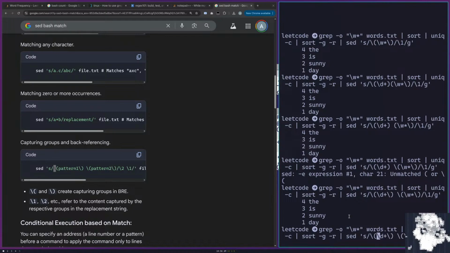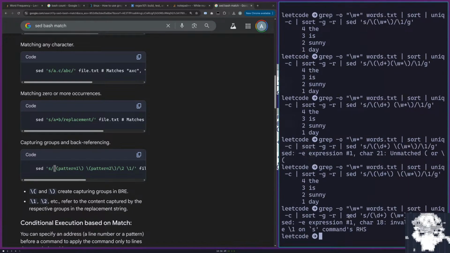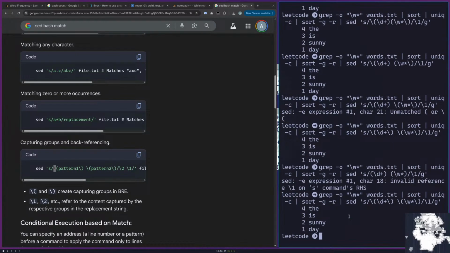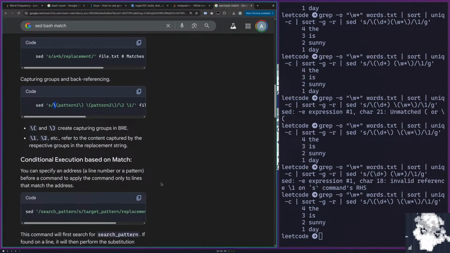And then if I don't escape the parentheses, which I don't know why I have to, then it thinks there aren't any parentheses. So why is this not working? It's like the regular expression doesn't work.